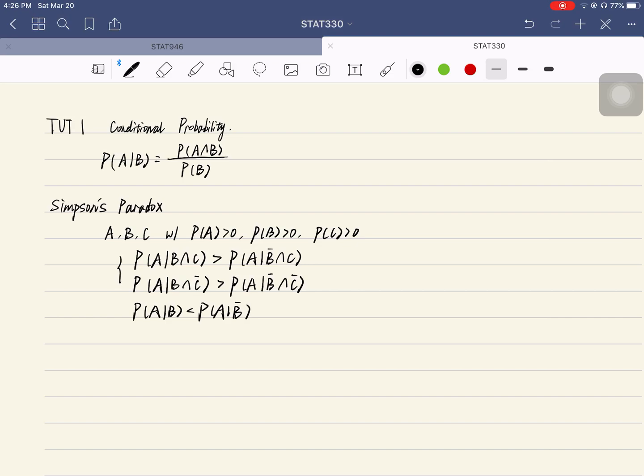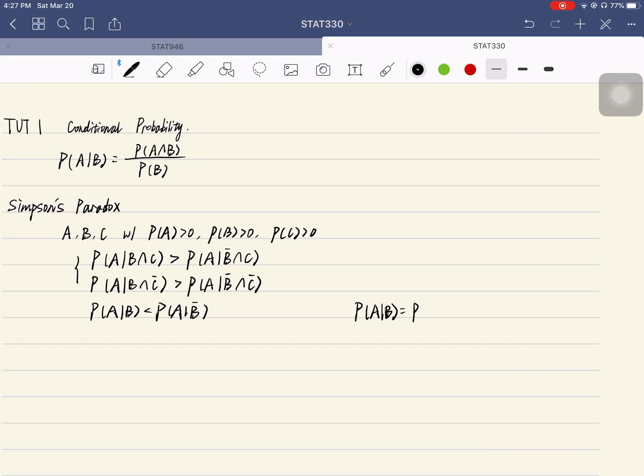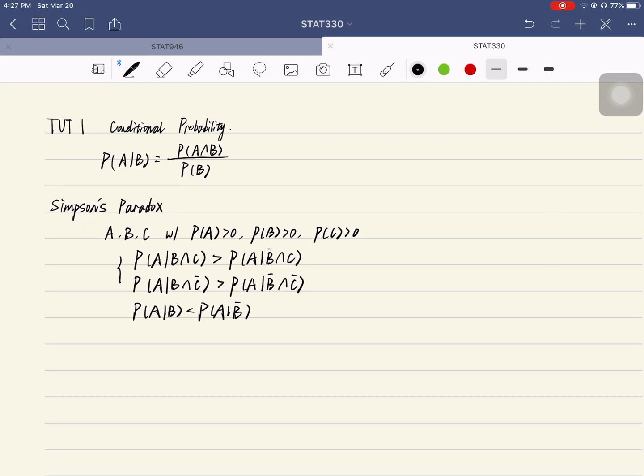So what can you see from this Simpson's paradox?